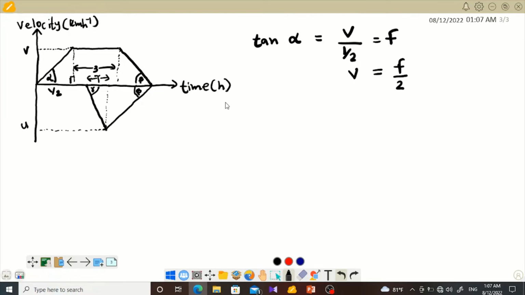Then I am going to find the time gap, the retardation time. So I use simple t. There is also a right angle triangle. I am using this triangle to find the value of t. We know that tan beta gives us the retardation, which equals f, and we got the v value there. So tan can be written as v divided by t.